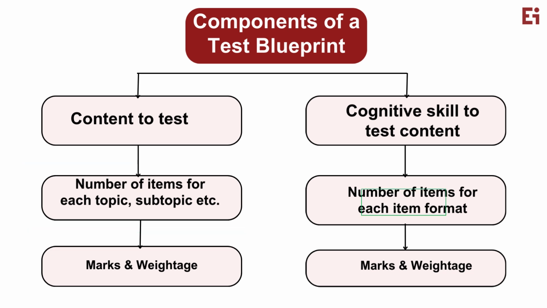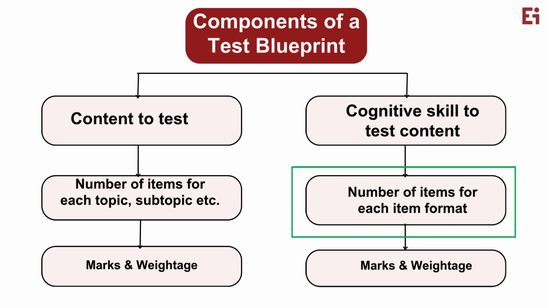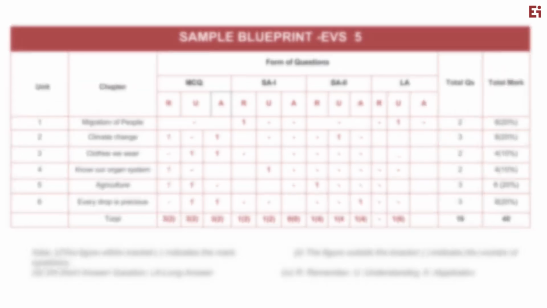A test blueprint can also further elaborate on the number of items for each topic and subtopic in the content, and the number of questions for each item format, such as MCQs, short and long answers, etc. This can be done by further detailing a blueprint.